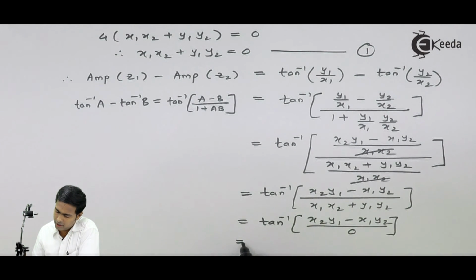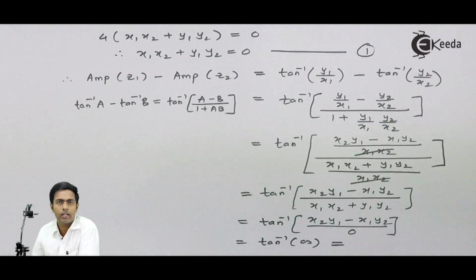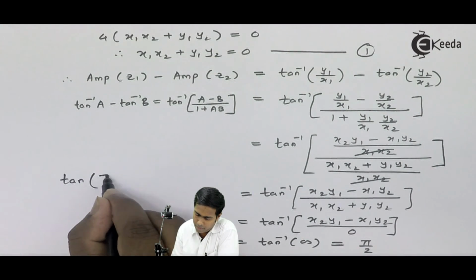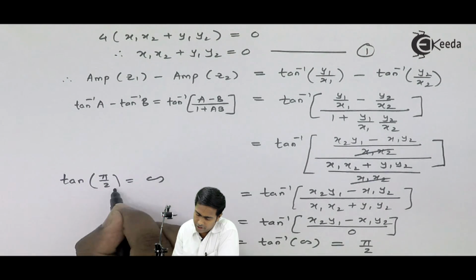So we get tan inverse of infinity. And you all know that tan inverse of infinity is pi by 2. Because tan of pi by 2 is infinity.